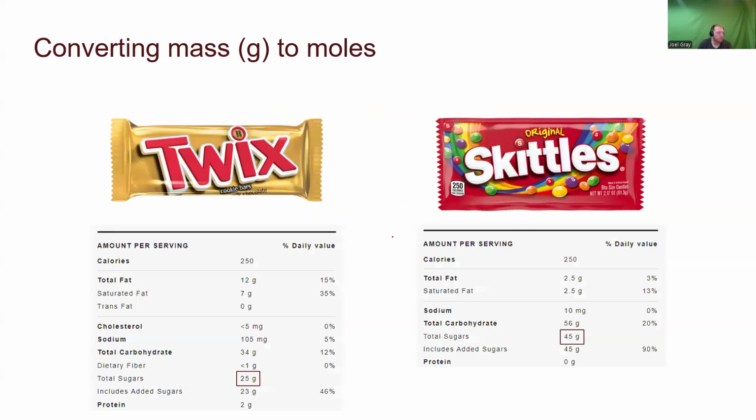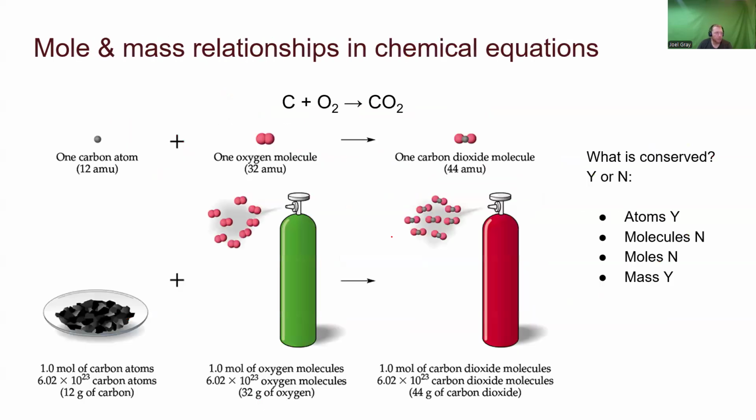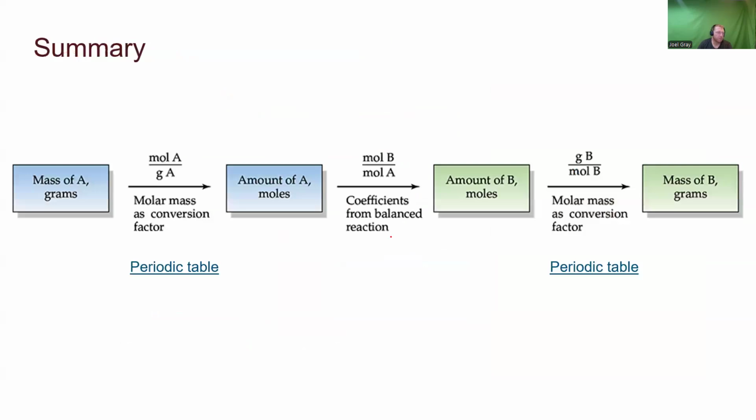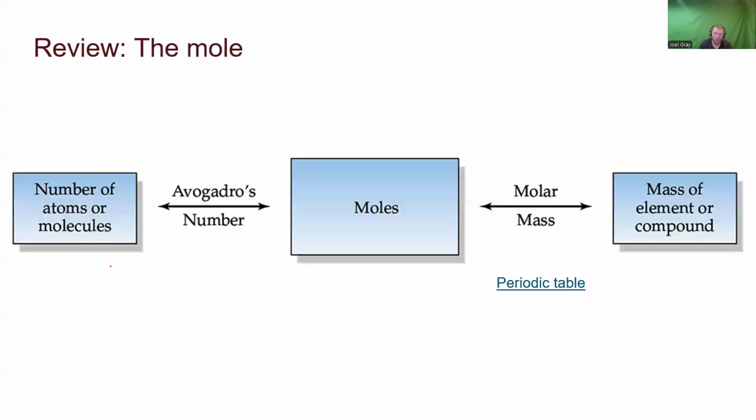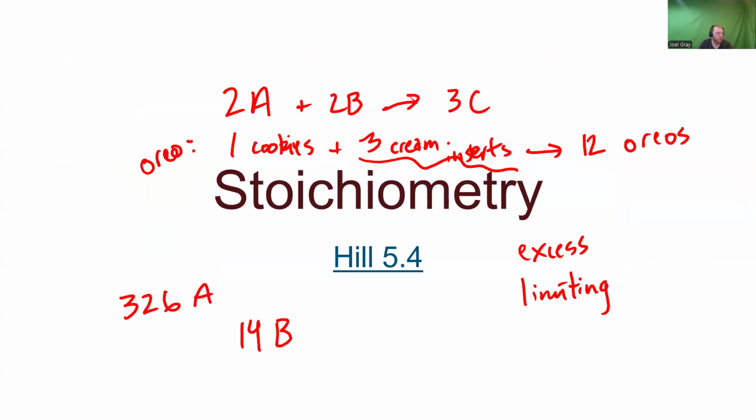So in addition to that, you have to be able to convert from mass of a substance to moles of a substance, and then find that that balanced chemical reaction shows a molar relationship. 2 moles of A react with 2 moles of B to produce 3 moles of C.